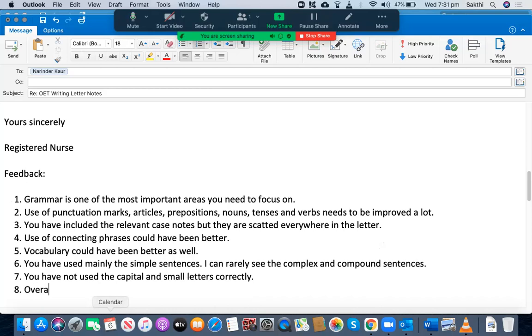Overall task fulfillment isn't that good. It could have been improved. So overall task fulfillment could have been better. All right. Okay, so you should have expanded all the abbreviations as well.